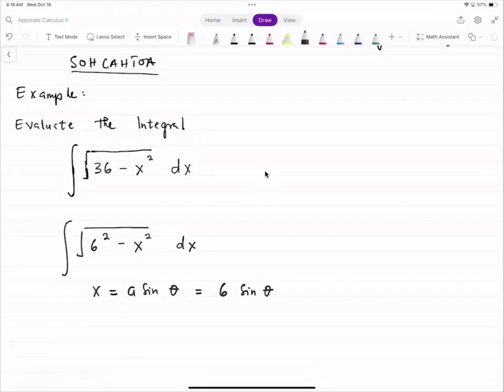Do you all understand why we are going to substitute x to be 6 sine theta? Does any of you have any questions on that? Do you understand that?